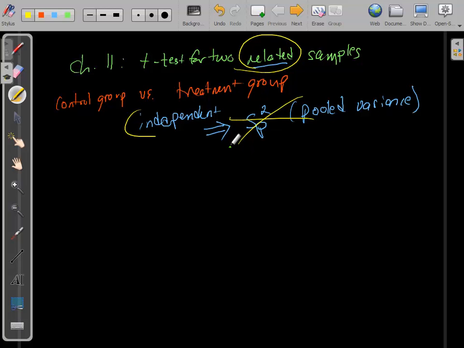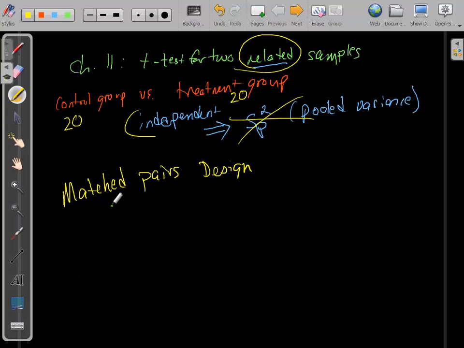And so to get around some of the more fancy math, what we can do is use what's called a matched pairs design, and this is getting at the related idea. In other words, instead of having two distinct groups, this had a sample of, let's say, 20, and this had a sample of 20, so collectively we had 40 members in the experiment.